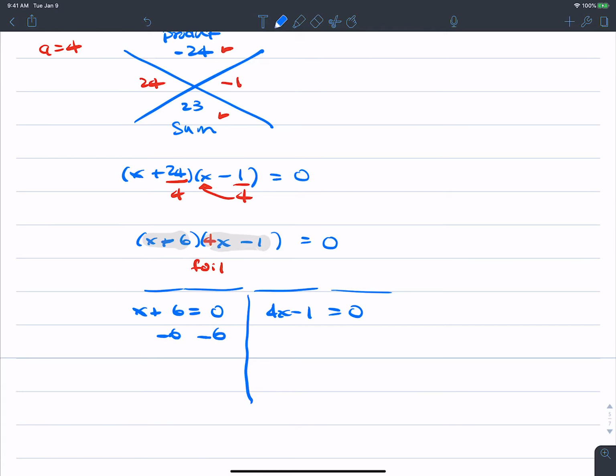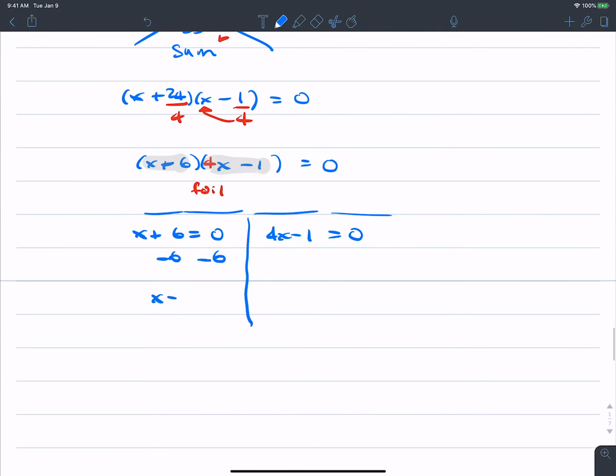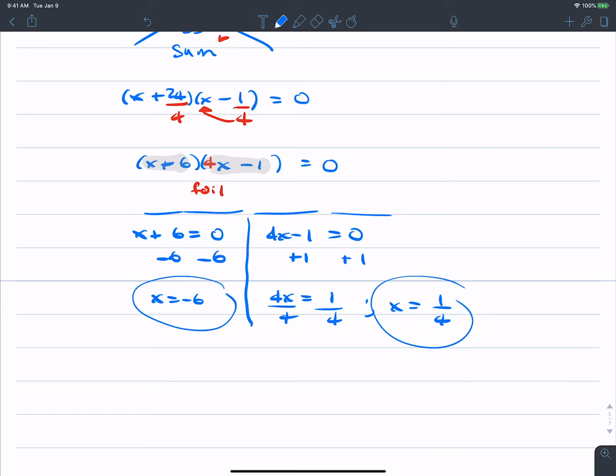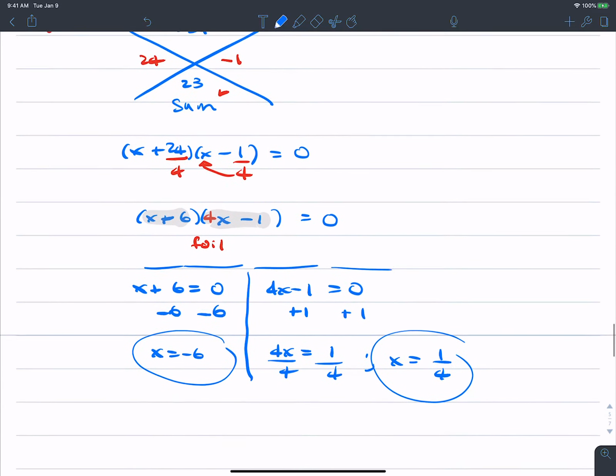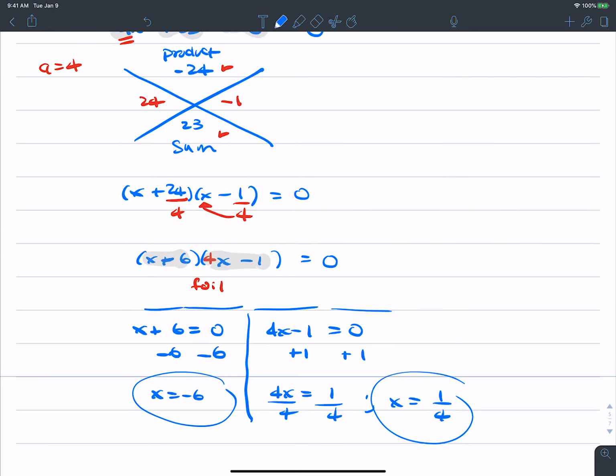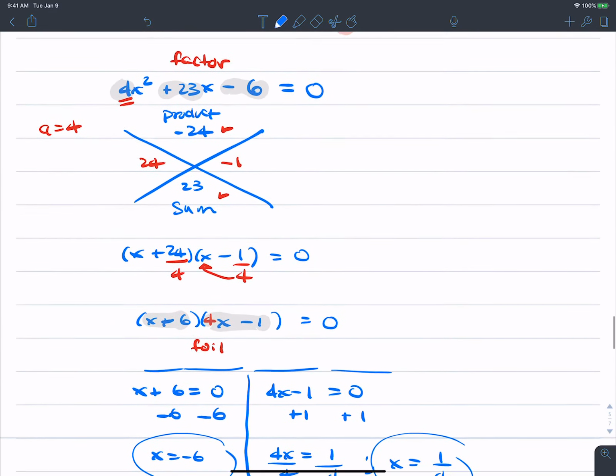Subtract the 6, we get x is negative 6. Add this 1, we get 4x is positive 1. Divide by 4, we get x equal to 1/4. So we get 1/4 and negative 6. This is where my product equals 0. So this is the location of my rocks.